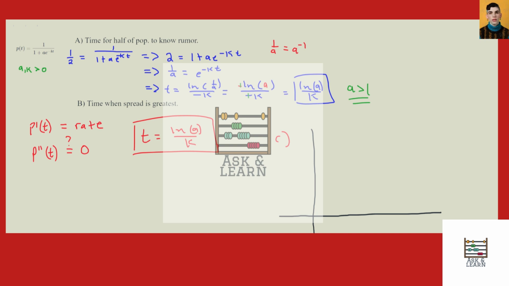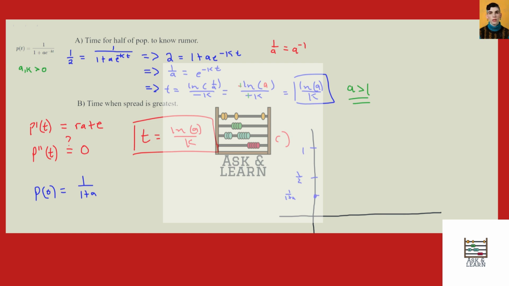So some things that we might need to know before we sketch this are possibly our intercepts. So let's find out what just p of 0 is going to be. So plugging in p of 0, we'll end up getting 1 over 1 plus a. So I'll just do like 1, 1/2, and then somewhere around here is going to be like 1 over 1 plus a, depending on how large a is.